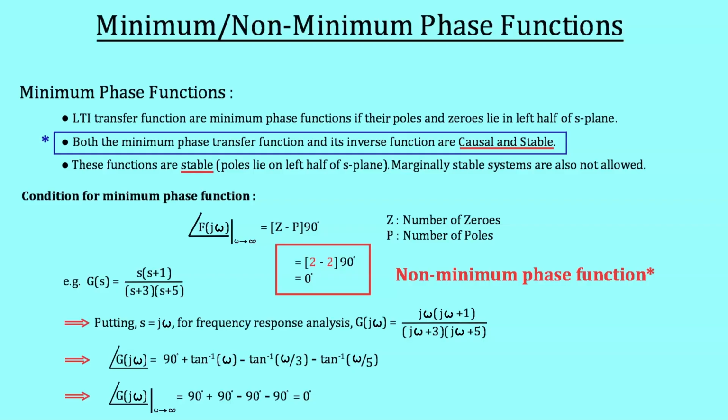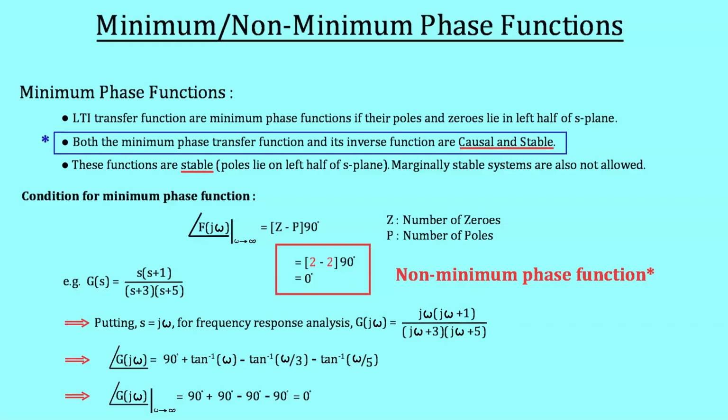The reason why zeros on the imaginary axis are not allowed is very simple. Our main objective is to find a stable system. Even though the considered transfer function is stable, if we take its inverse, then the poles of the transfer function will become the zeros of its inverse function.